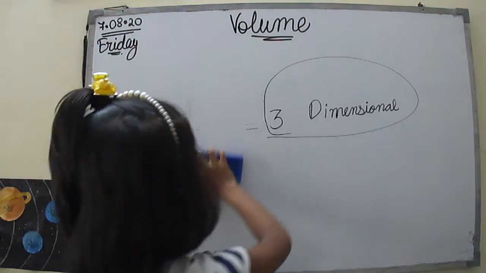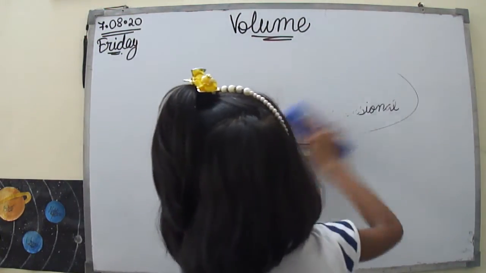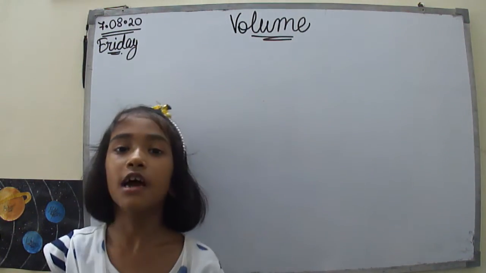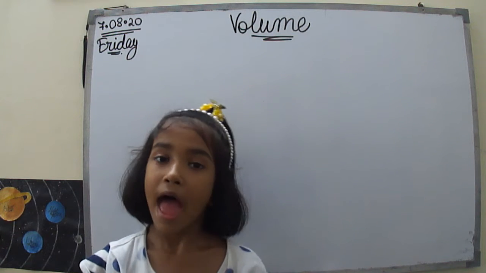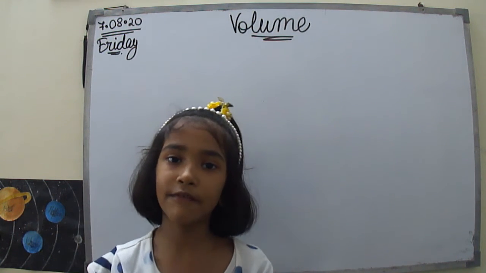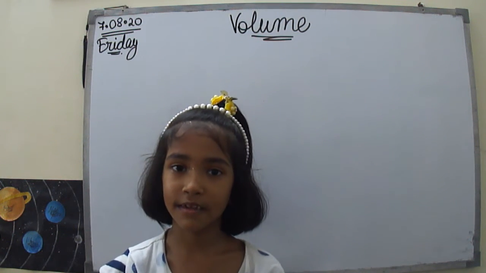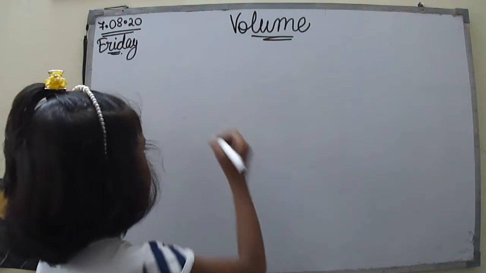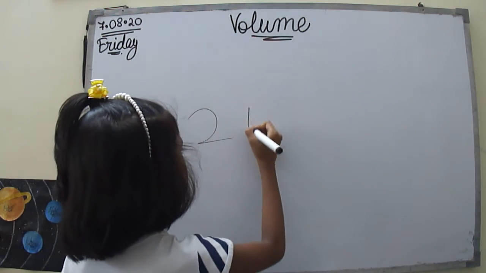And now let's move on. One more thing, a 3D shape has 3 dimensions with depth, and we can only fill the water in an object that has depth. Now what is the full form of 2D? Why is the name 2D?